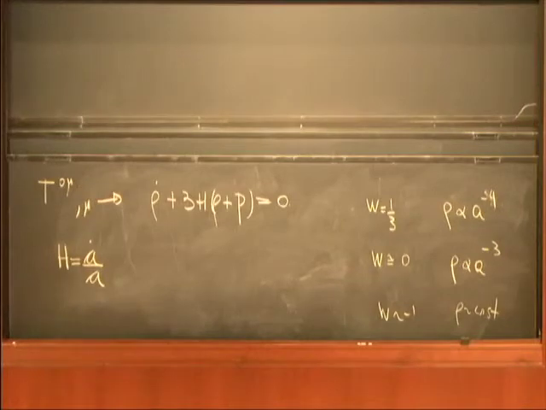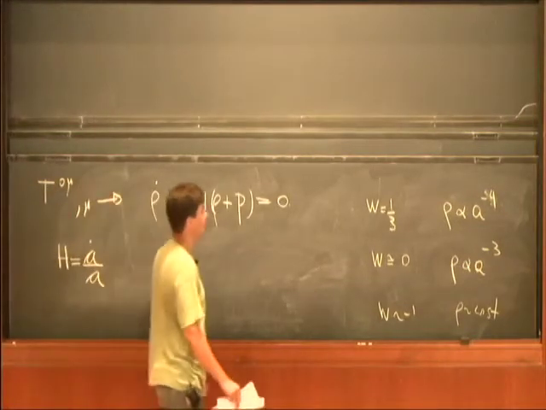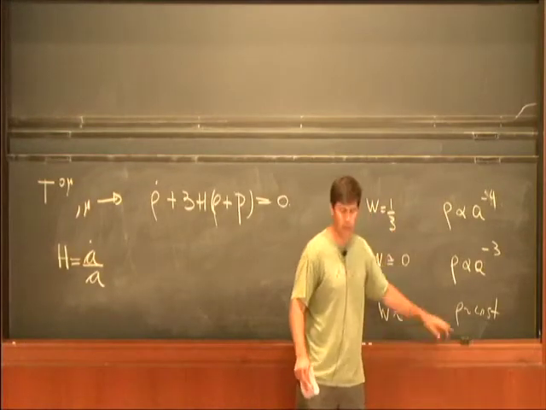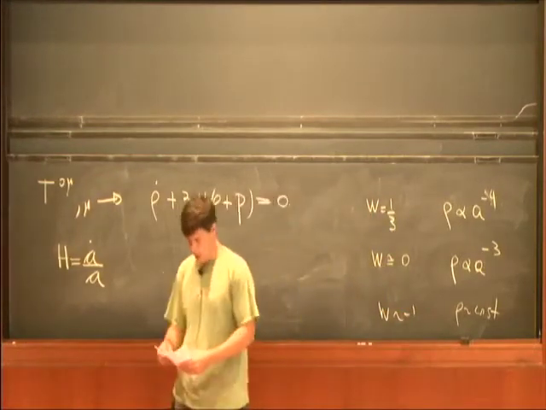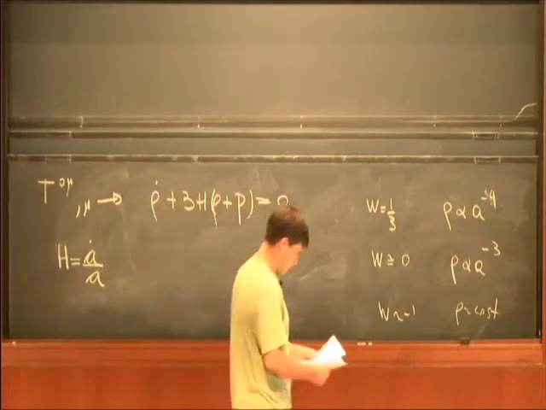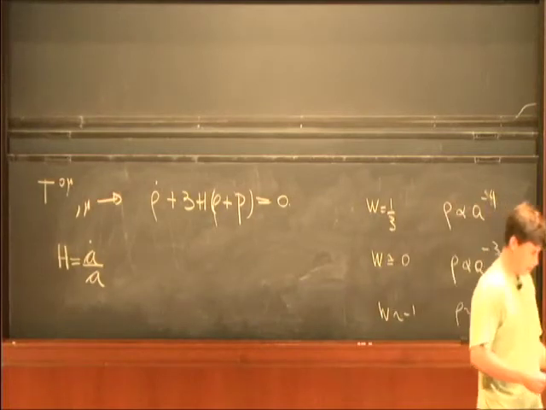If you go sufficiently far back in time, to sufficiently small a, radiation will be the dominant one, then matter, and then the cosmological constant. That's what happened in our universe.